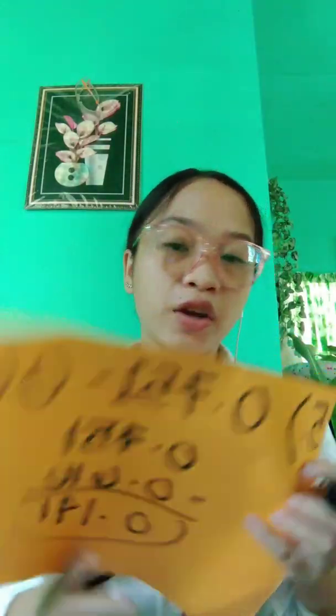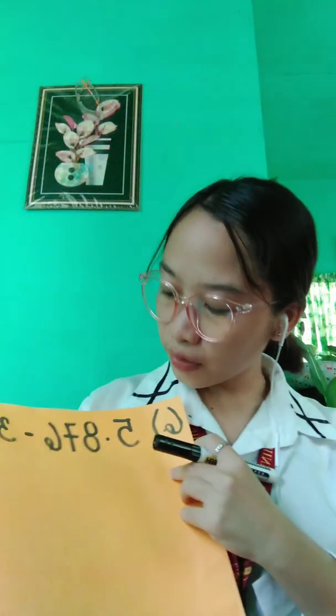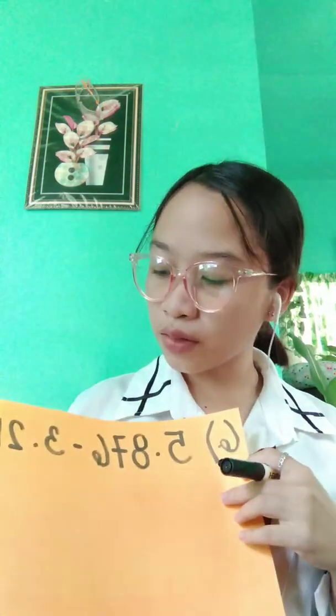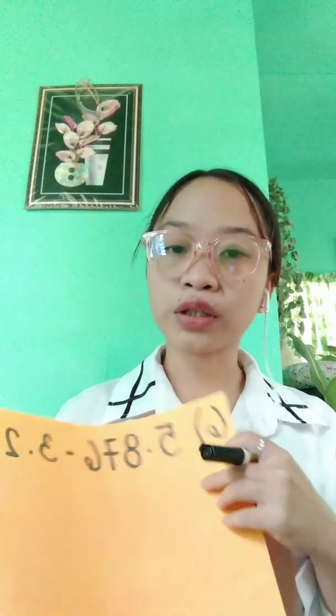Okay? And the other one, 5 and 876 thousandths minus 3 and 214 thousandths. So, we are going to line up again from the procedure. 5.876 minus 3.214.